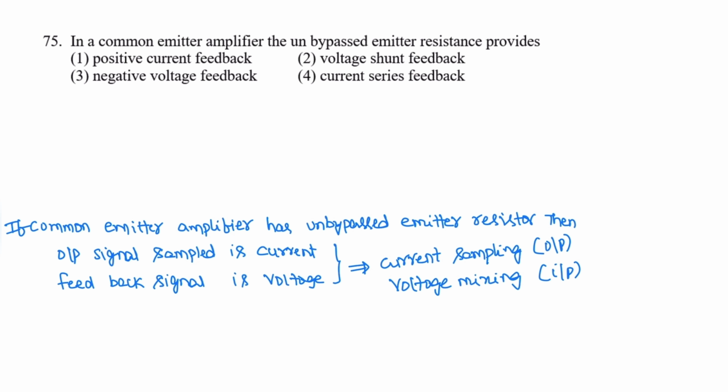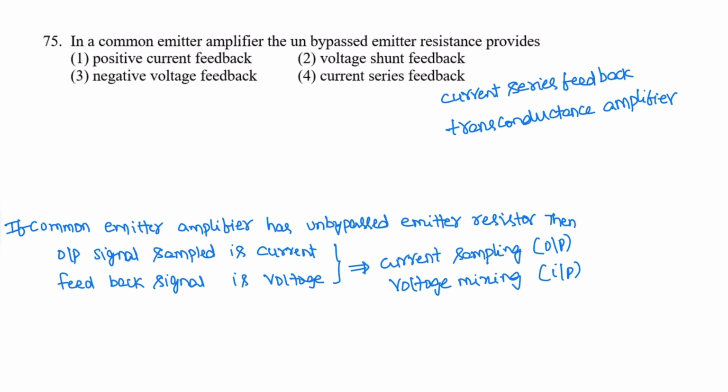So it is nothing but current series feedback. An example is the transconductance amplifier. In a common emitter amplifier, the unbypassed emitter resistor provides current series feedback. Correct option is 4. Next question.